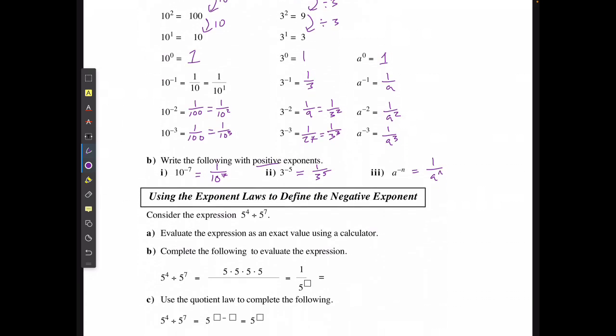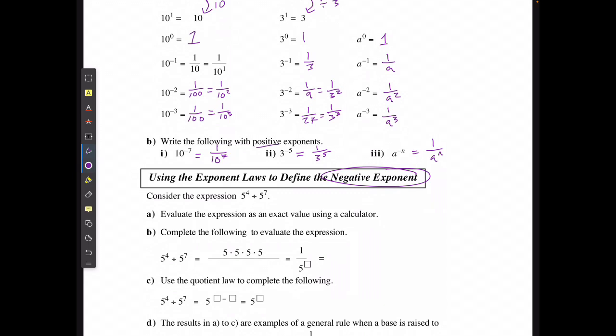If I'm thinking about this in terms of a double negative exponent, well, anytime that I take a power divided by a power with the same base, I always subtract the exponents. But what happens if I'm subtracting more fives than what I have on the top?